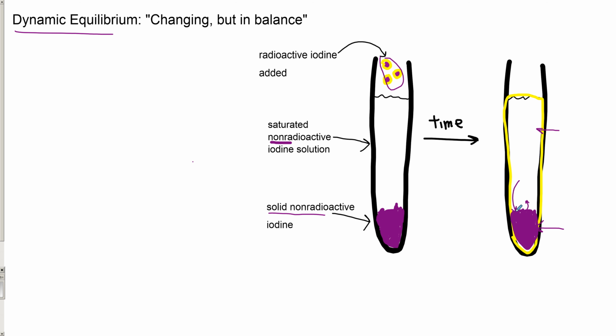Over a long period of time, the surface of the iodine, the chunk that you have in the bottom, will not look like it did at the start, because individual molecules are leaving the solid chunk and entering the solution. And at the same time, individual molecules from the solution are joining the solid chunk by crystallizing.